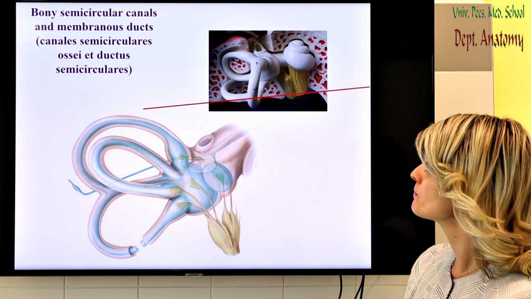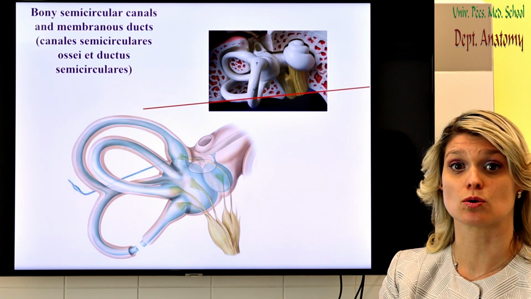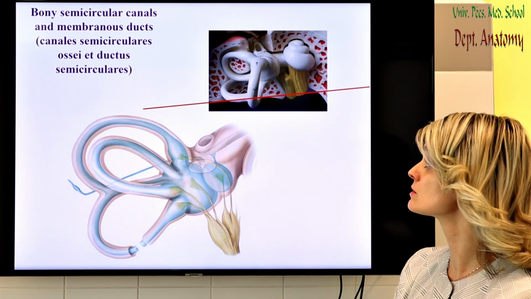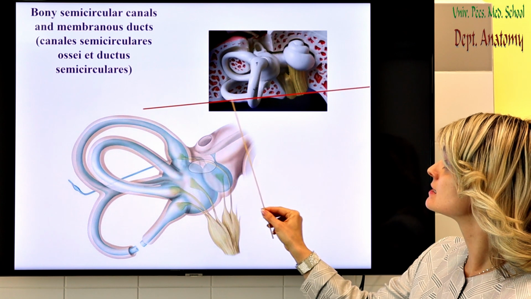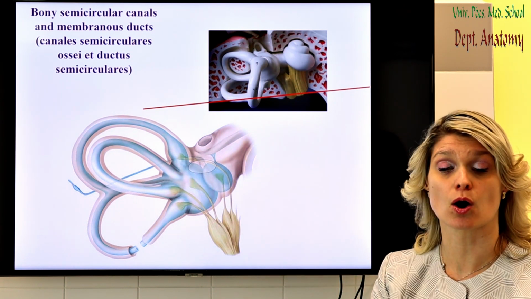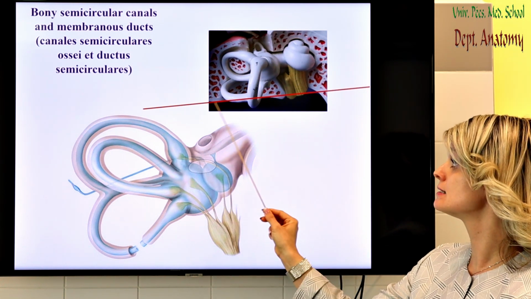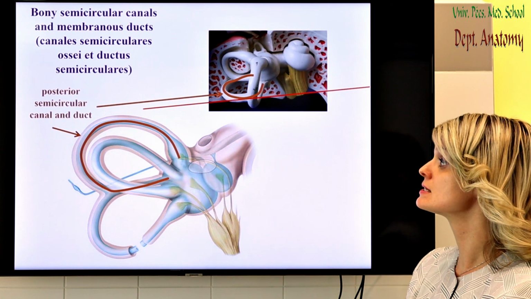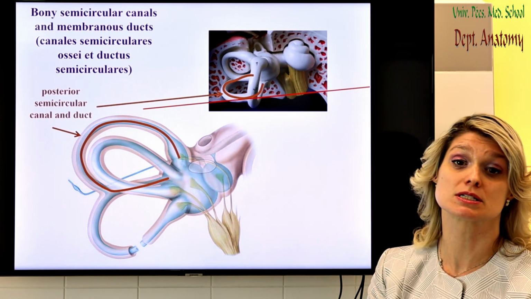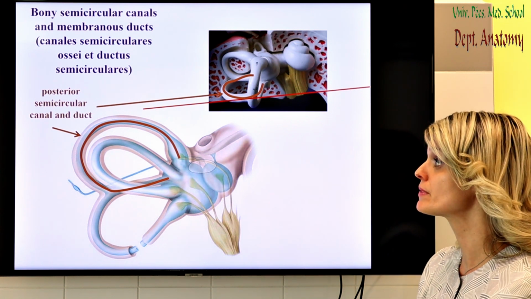The first one, which is located posteriorly, is the posterior semicircular canal. The axis of this will be parallel with the axis of the petrosal part of the temporal bone. This is the posterior semicircular canal, and of course the duct, like the part of the membranous labyrinth.